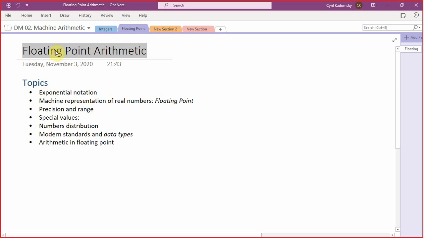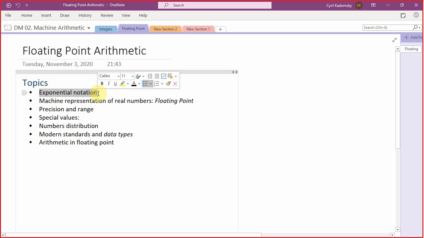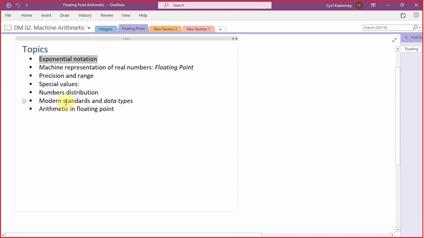So, floating point arithmetics. In it, we will first discuss the exponential notation, which you have probably talked about at school, but we need to use it, so we will make sure that we really understand what it is. Next, we'll talk about the floating point machine representation, its precision, range, and special values.